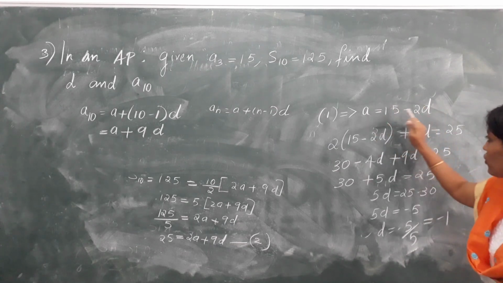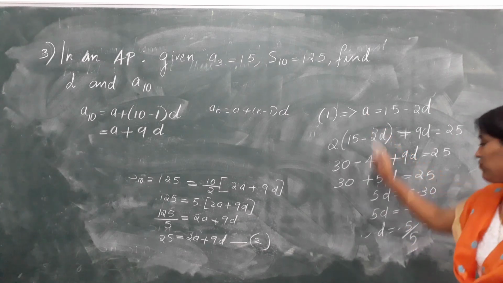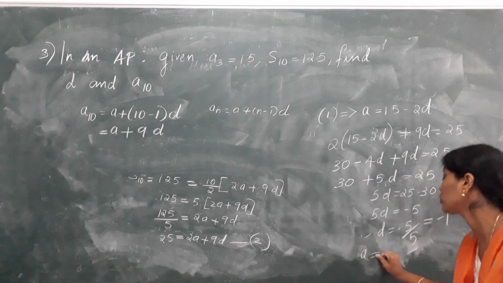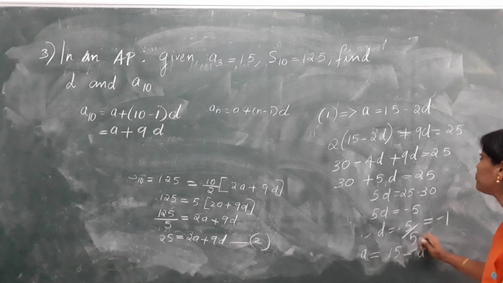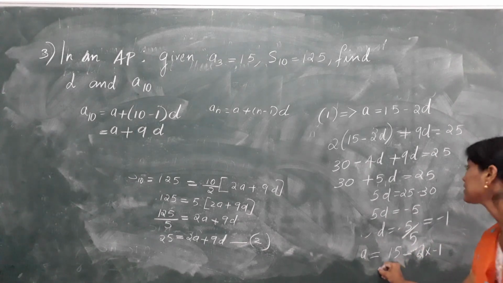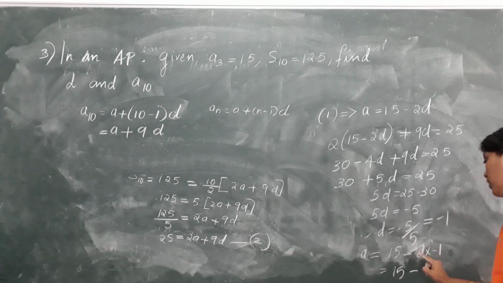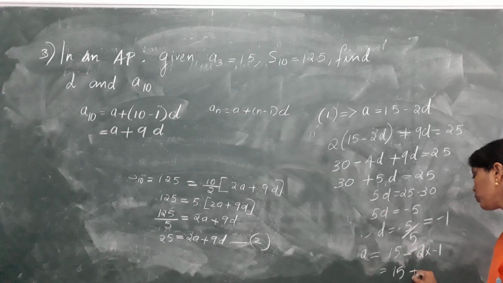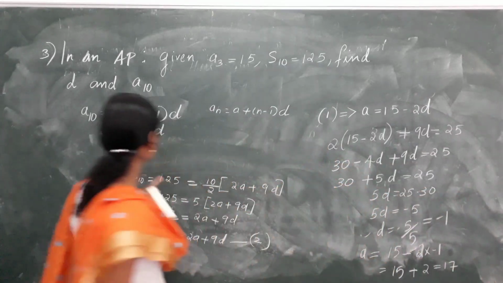You can get the value of a because we got the value of d as minus 1. So a is equal to 15 minus 2 into minus 1. 2 into minus 1 is minus 2. That minus and this minus will become positive. So 15 plus 2 is equal to 17. So we got the value of a as 17.